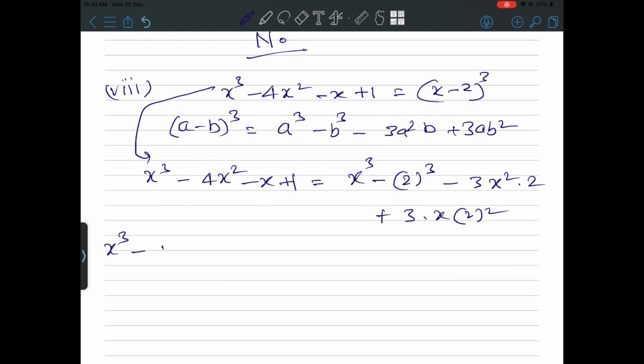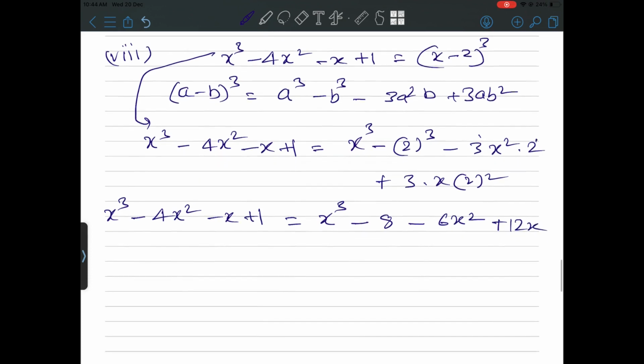So x cube minus 4x square minus x plus 1 is equal to x cube minus 8 minus 6x square plus 2 square is 4, 4 times 3 is 12. So it means 12x, right?